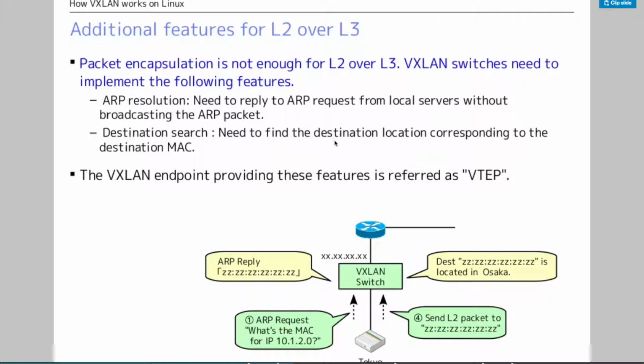Destination search: needed to find the destination location corresponding to the destination MAC. So the VXLAN endpoint providing these features is referred to as VTAP. So the VTAP has the above additional features. One is for ARP resolution, another is for destination search.